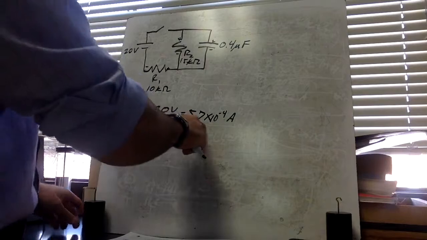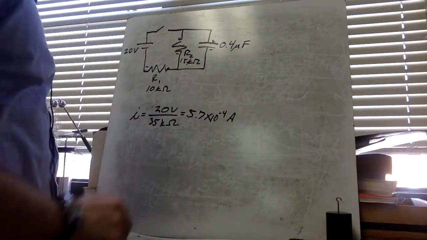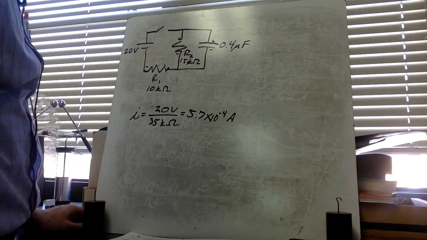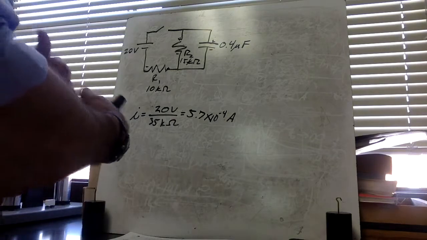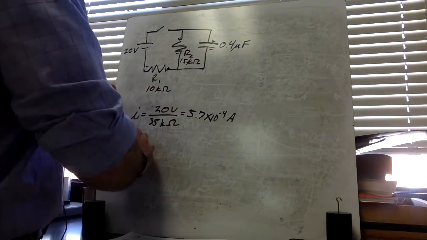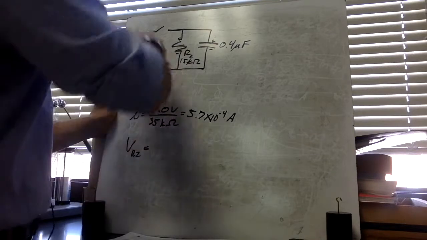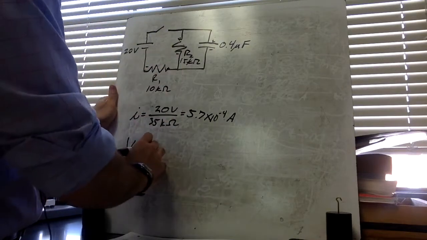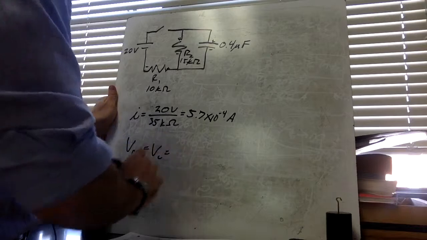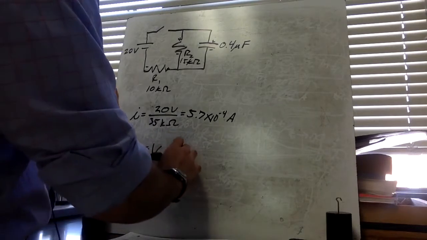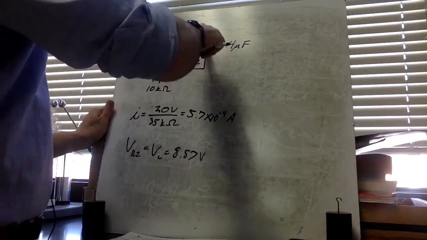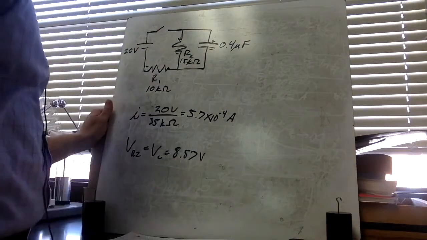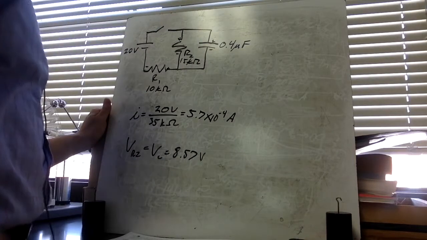All right, so if that's the current, I can multiply that by R2, and that gives me the voltage across this. Right, so that V on R2 a long time later is going to be V sub C, which is 8.57 volts. So that's how much voltage now is being discharged across this.